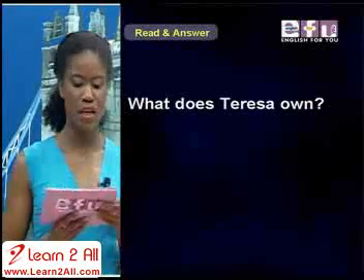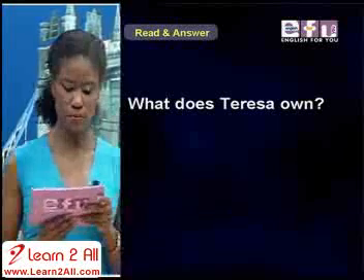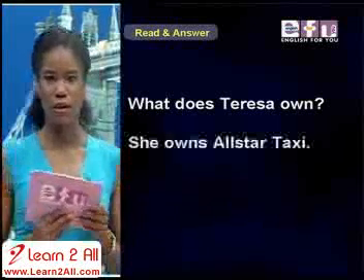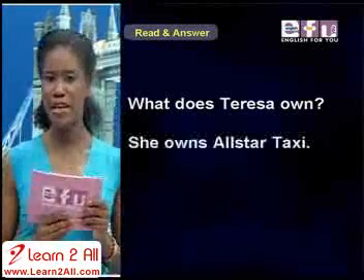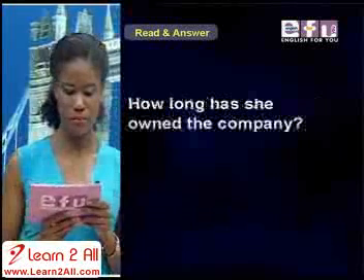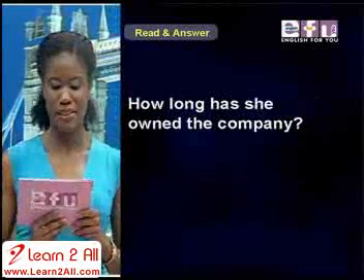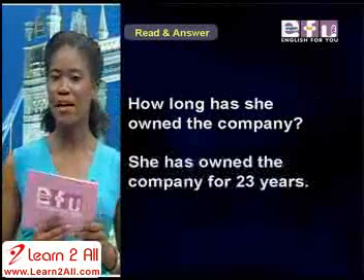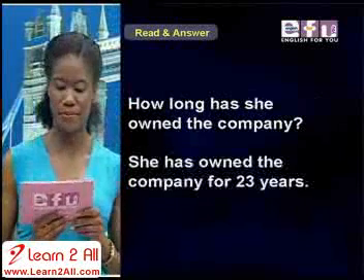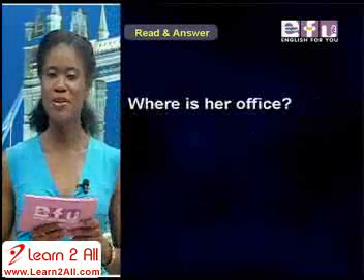Now let's check your answers. What does Teresa own? She owns All-Star Taxi. How long has she owned the company? She has owned the company for 23 years. Where is her office?